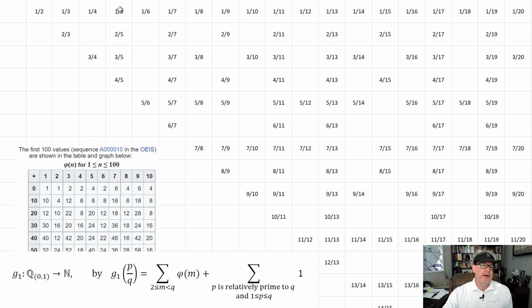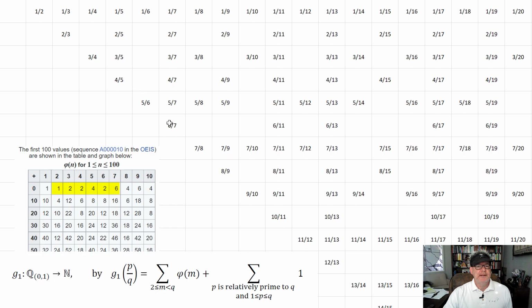And then for p, I want to know what number it came in. Maybe I'll look at, say, 5/8. So for 5/8, I need to add up phi of 2 plus phi of 3 plus phi of 4 plus phi of 5 plus phi of 6 plus phi of 7. And if you add them up, it's 1 plus 2 plus 2 plus 4 plus 2 plus 6.